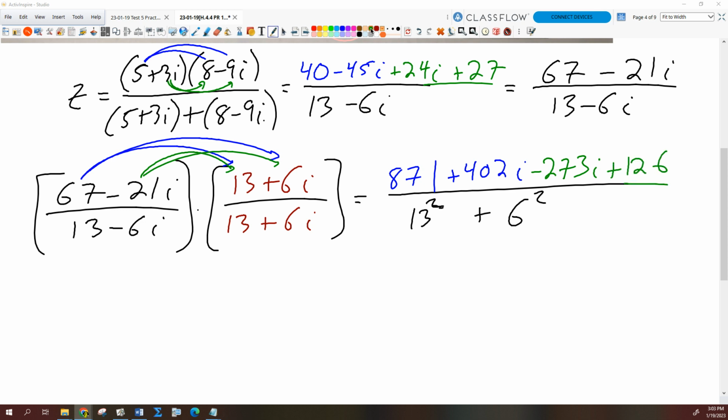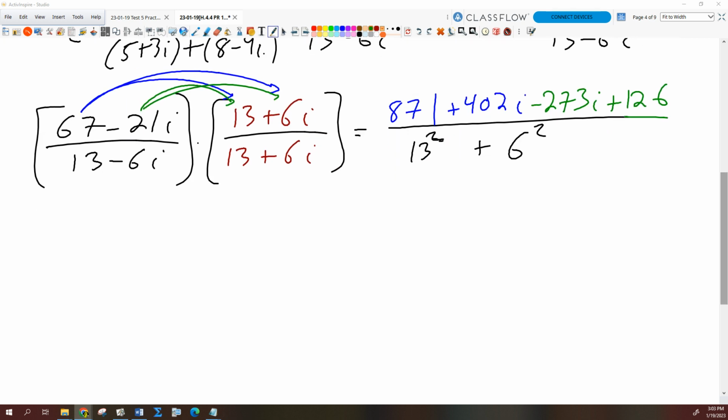Okay, so if we combine like terms, what are we getting here? On the top, 871 plus 126 is 997, correct?